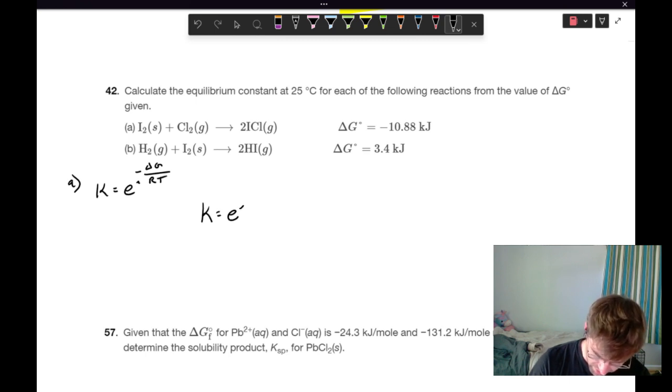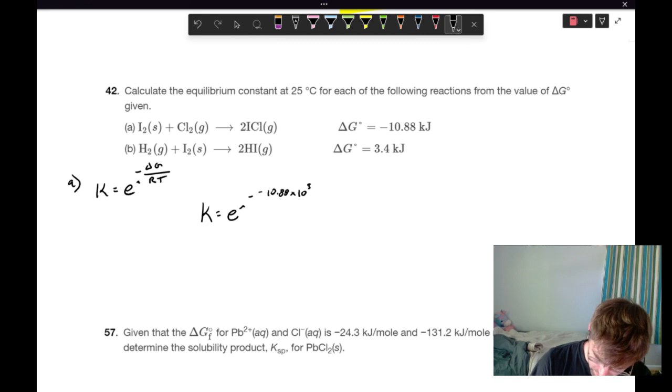So K equals e to the, we're looking at this one here, negative times a negative 10.88. Yes, this is in kilojoules per mole. We need it in joules.